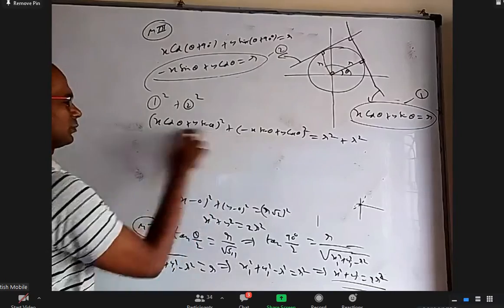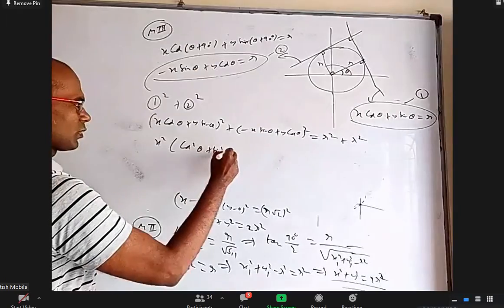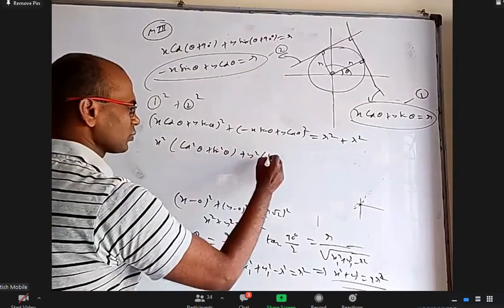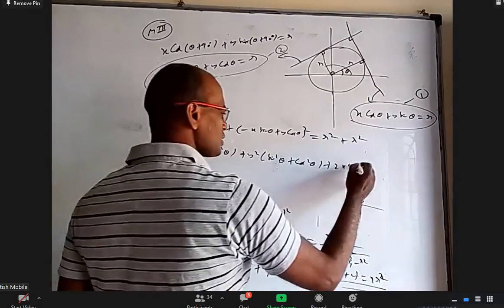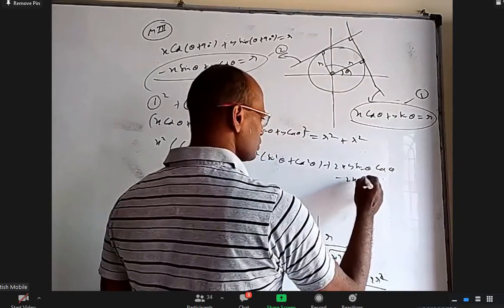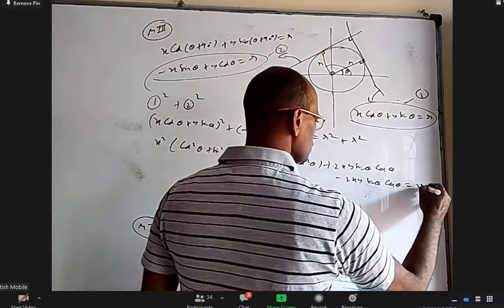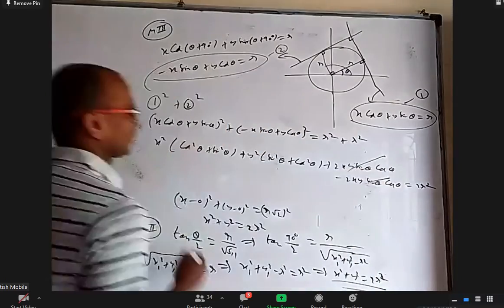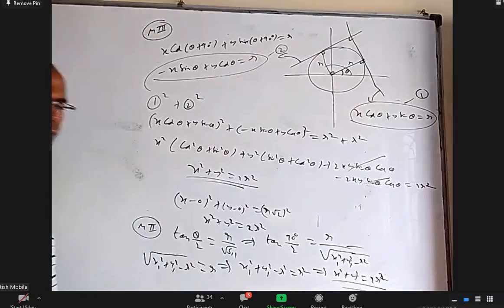Maybe I should write that: x²(cos²theta + sin²theta) + y²(sin²theta + cos²theta) + 2xy sin theta cos theta − 2xy sin theta cos theta = 2r². I can cancel this, so that is x² + y² = 2r².